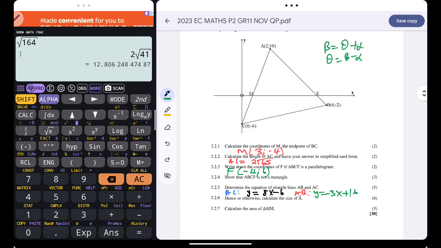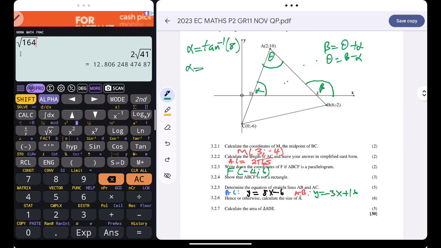All I need to do is to find the angle of inclination. Alpha will be the inclination of AC, right? So how can I find alpha? Since alpha has a positive gradient, which is 8, I can simply say this is the inverse of tan 8, right?